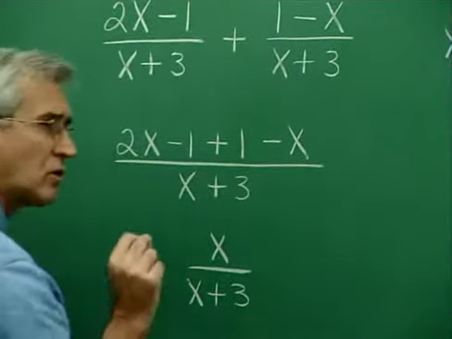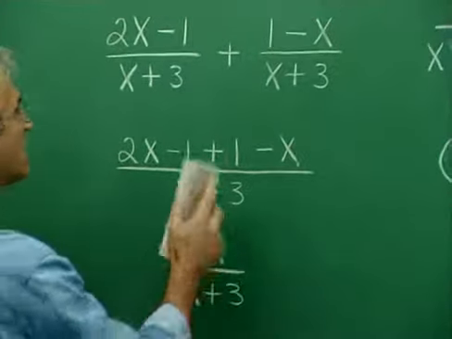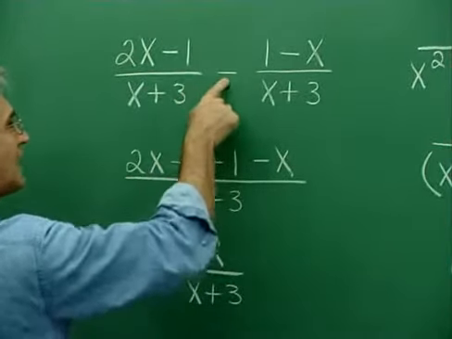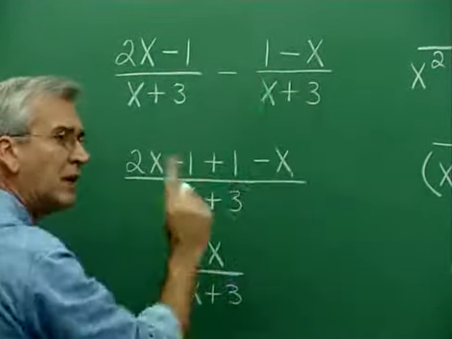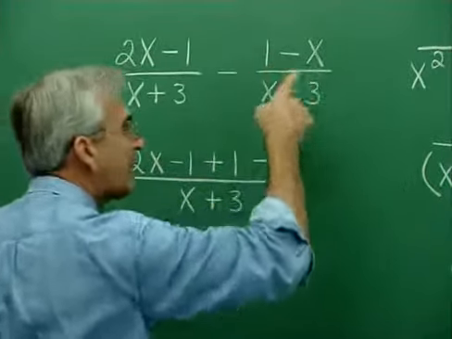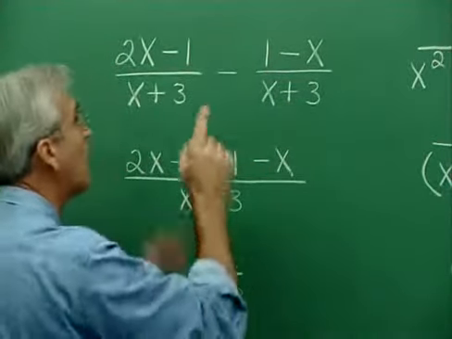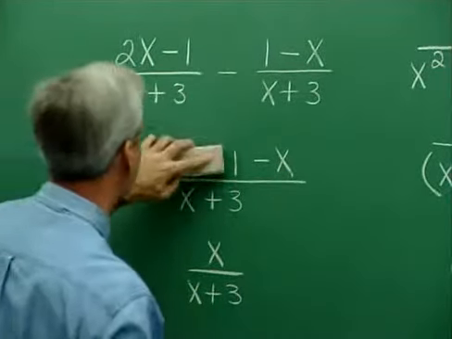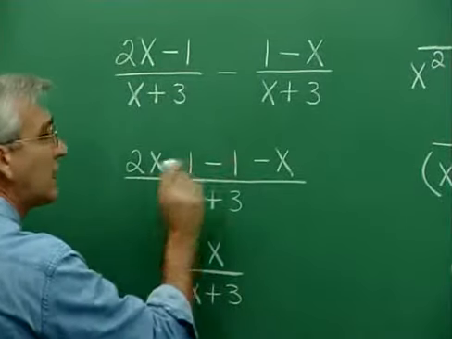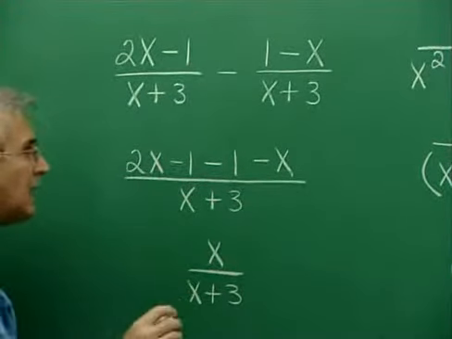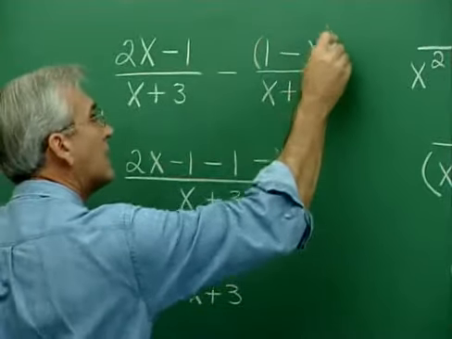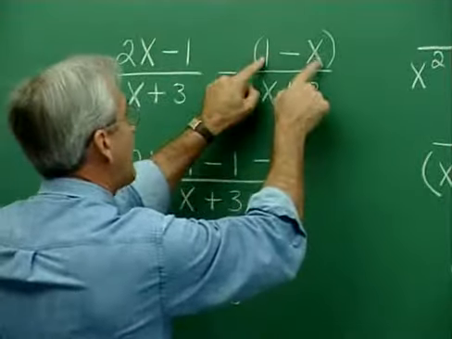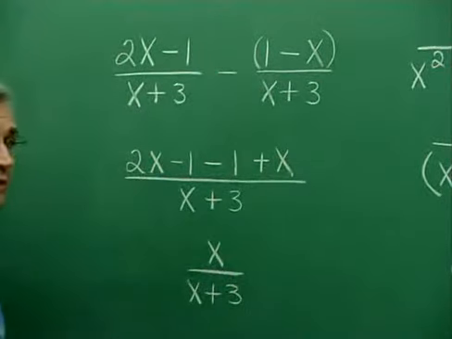Now here's one of the most common errors in this situation. Suppose I just change this to subtract. Now, I want to subtract this binomial, and it's really important that you add parentheses here to show that you're subtracting both of those terms and not just the first one. The common mistake is to just put minus right here and then think that you're done. But really, you are subtracting all of this, and it's like minus everything in parentheses. So both signs have to change, and this is the result of that situation.